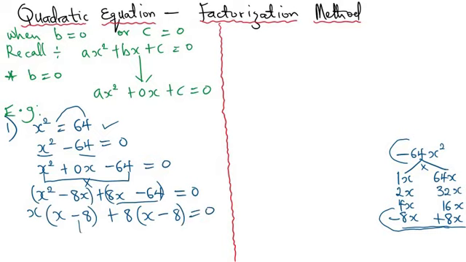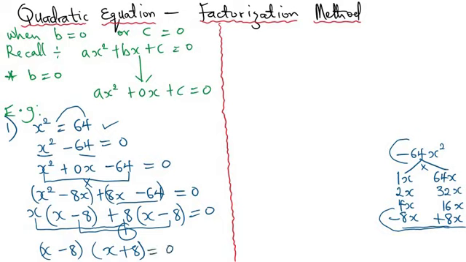So looking at this, the brackets are the same. So we are going to do what? Pick one. So when I pick one, it becomes x minus 8, and then the number left out, which is x plus 8, we bring them together. x minus 8 times x plus 8, all equal to 0.